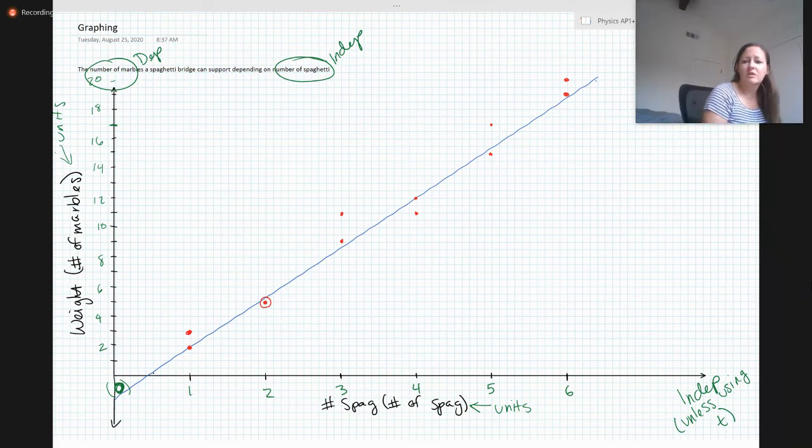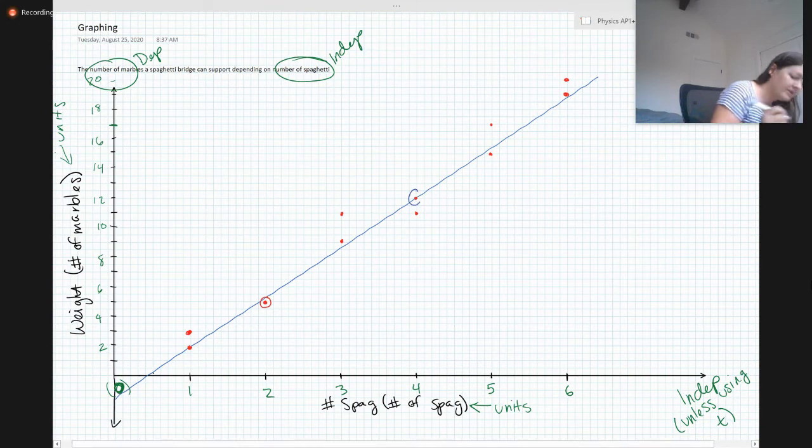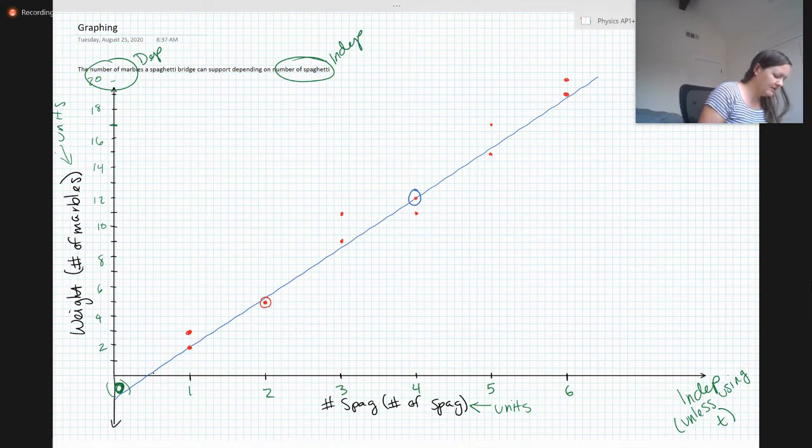So things you can look for to get data points to do your line of best fit are points that are right on your line that are data points. Those are awesome. Another thing you could look for is intersections in the graph paper. It is nice to have your data points far apart.